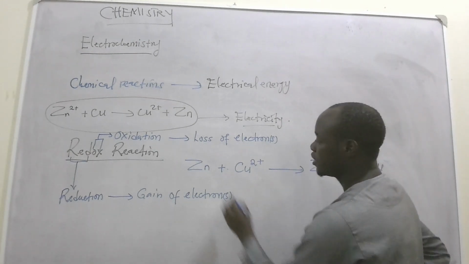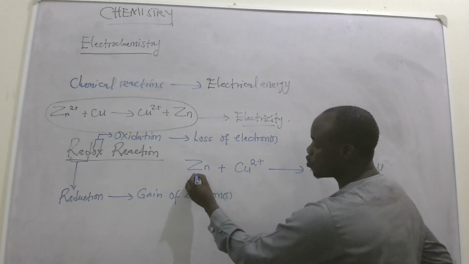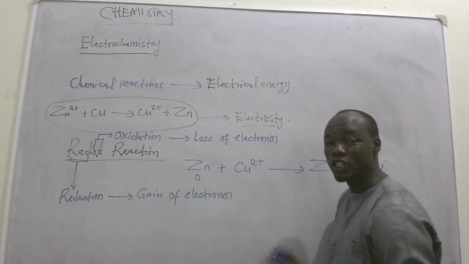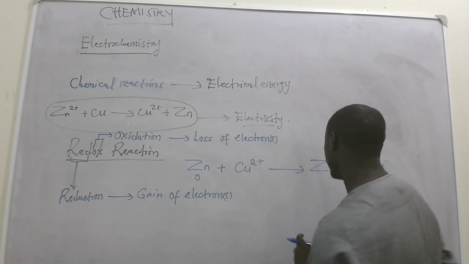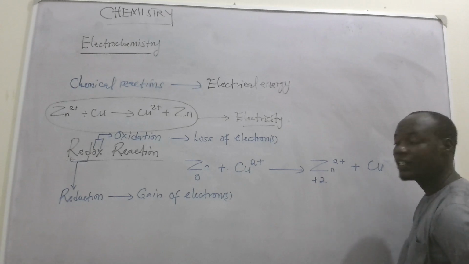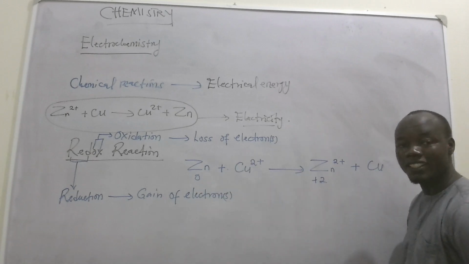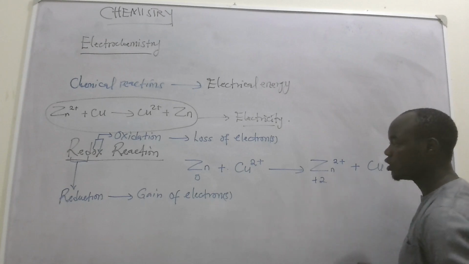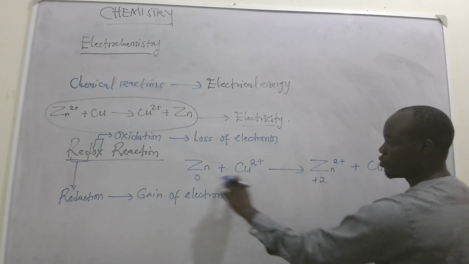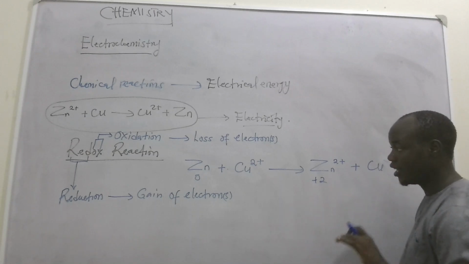Look at it here. Zinc here has an oxidation number of 0, meaning it is neutral. But here the oxidation number changed to +2. It means that zinc from here to here loses electrons.